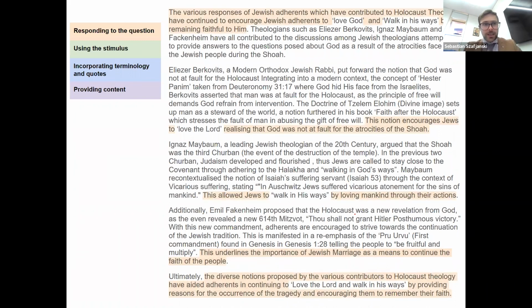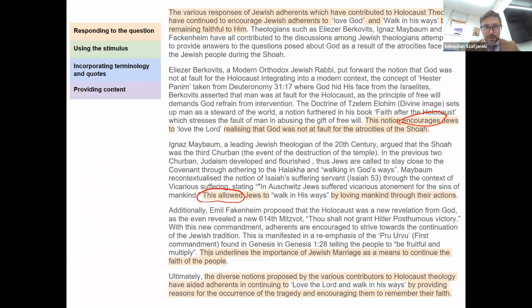Here in the yellow is that responding to the question, consistently linking back to the idea of, the notion by loving man. This allowed is showing that idea of, encourages, is that idea of showing a relationship. This thing allows something else to happen or encourages something else to happen.